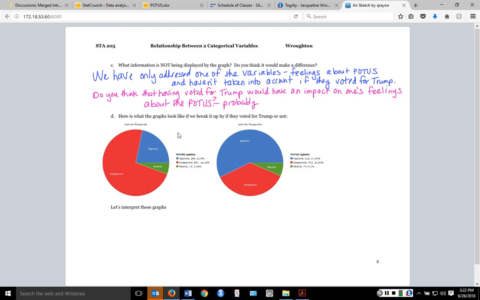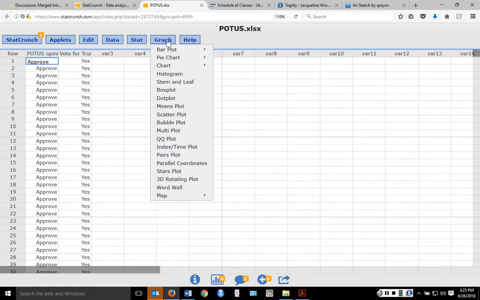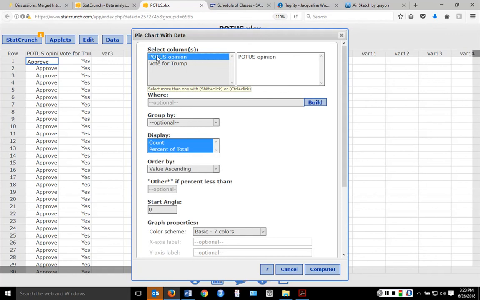I know here on my screen it's a little bit harder to see these plots, so let's show how I actually created them. What I want to do is create one plot for those that did not vote for Trump and another plot for those that did vote for Trump. How do I do that in StatCrunch? I'm going to go to the exact same place we just were, and I'm even going to click the president opinion that I want here as well.